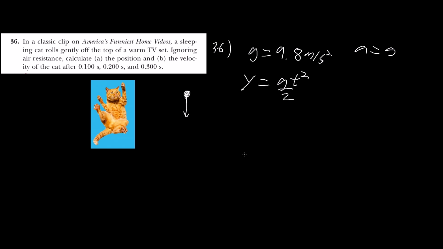There we go, folks. That's beautiful. And the final velocity is really just going to be nothing more than at, or in this case gt, and g is 9.8 meters per second squared.